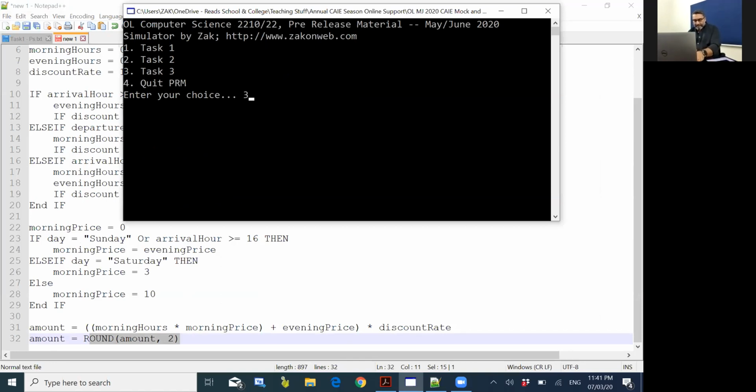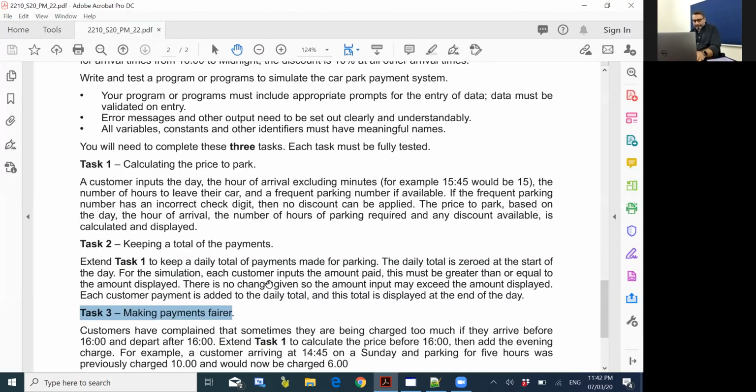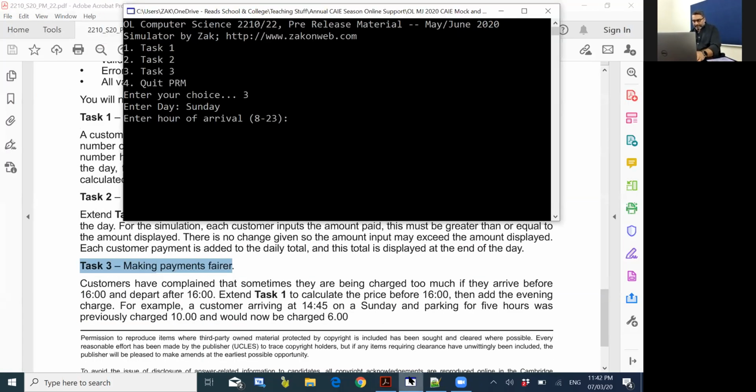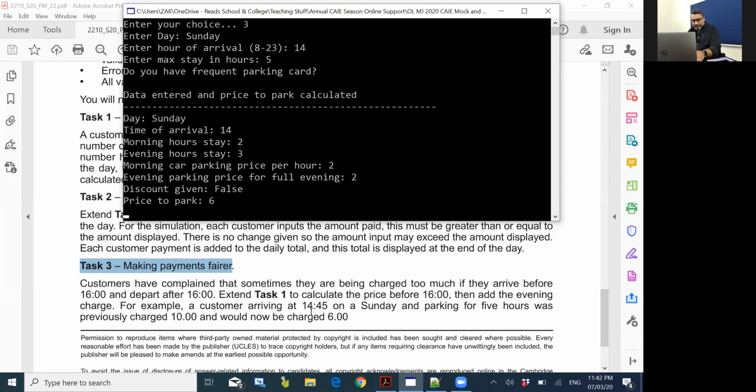Let's check it again. The day is Sunday. Someone has arrived at 14, as per this example. They stayed for 5 hours and there is no discount card with them.